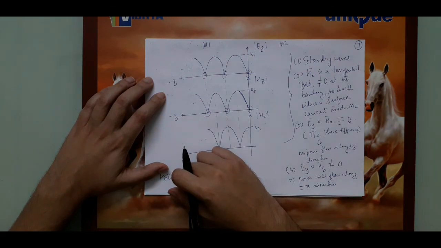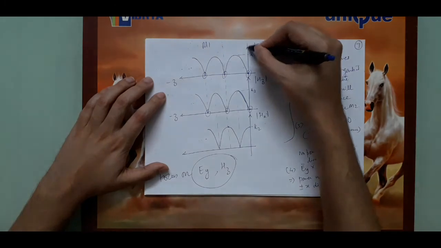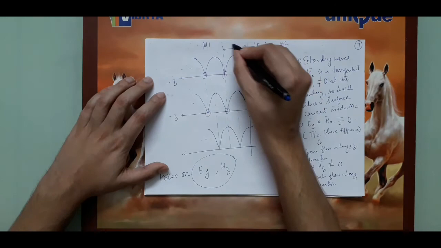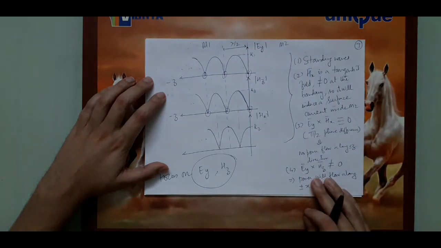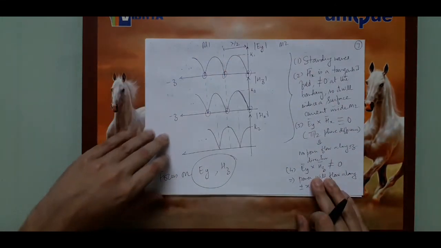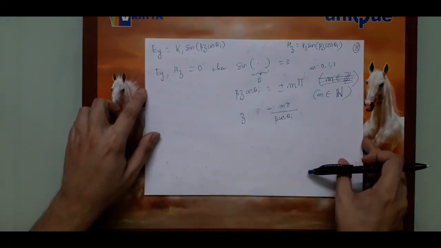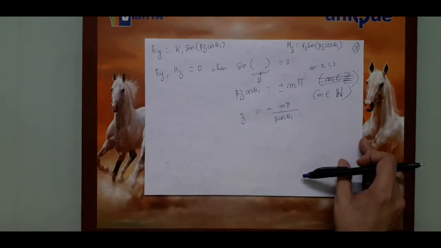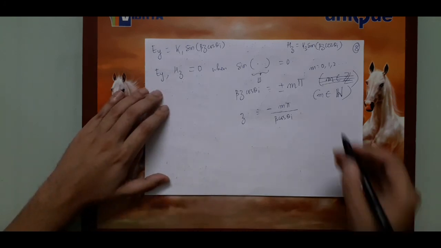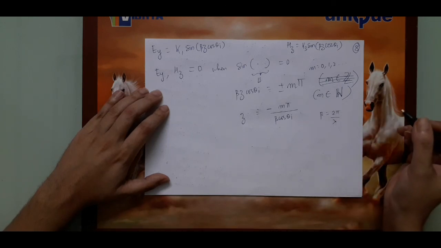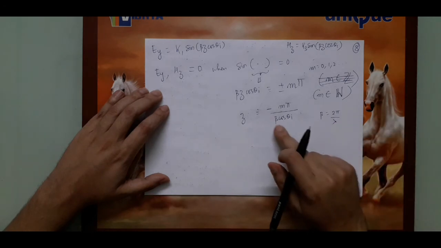What we can see is that this distance, since I am writing the mod of the fields, is lambda by 2 from the boundary. So what can I write? Beta is nothing but 2 pi by lambda. Note, this is not beta prime, this is beta.